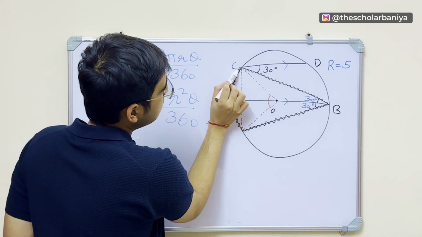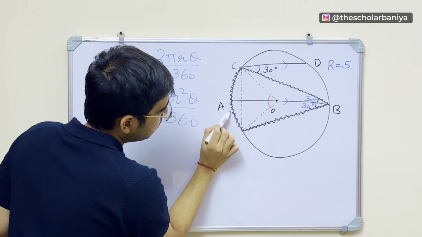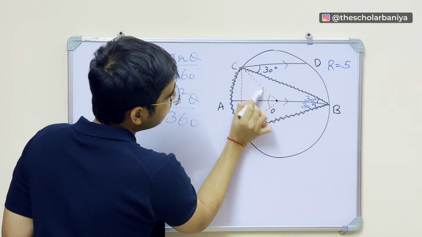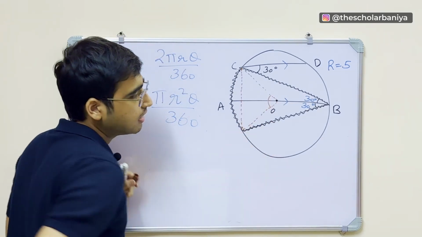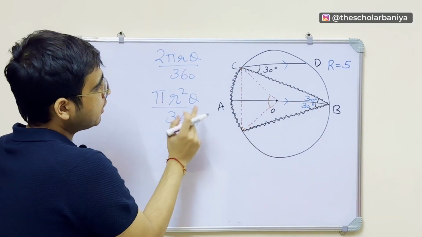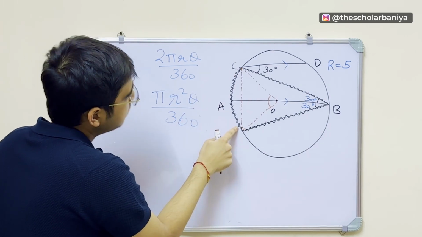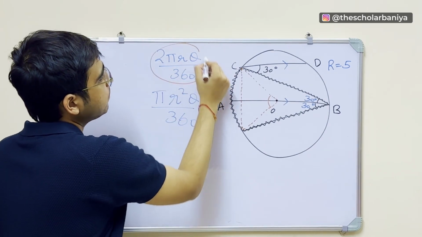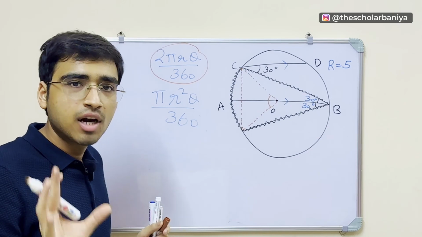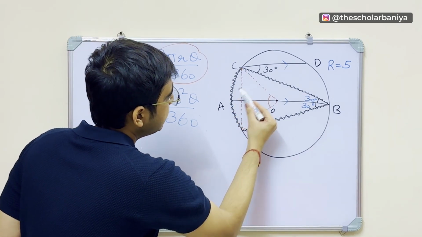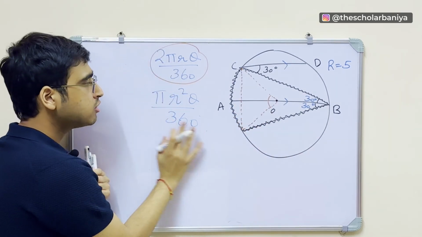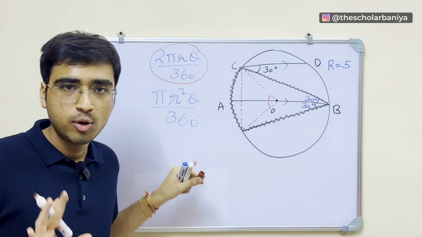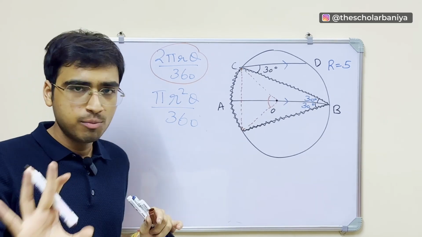Or you can say this arc makes what angle with the center of the circle, this becomes theta. Because we have to calculate the perimeter, we will use this formula. If for example we were asked to calculate this area, then we would use the formula pi r square theta upon 360. I'm just telling you for more information.